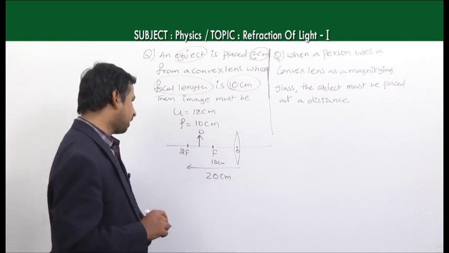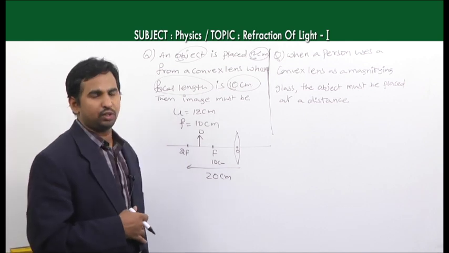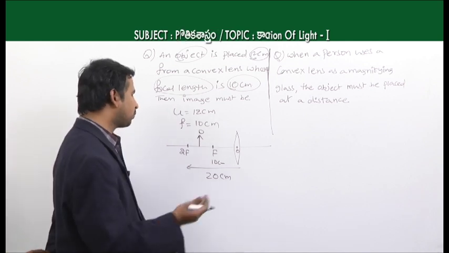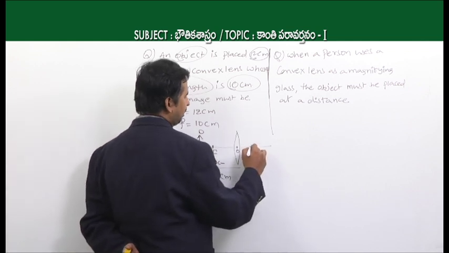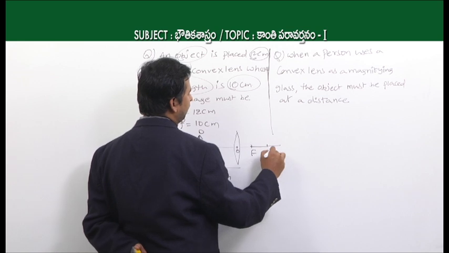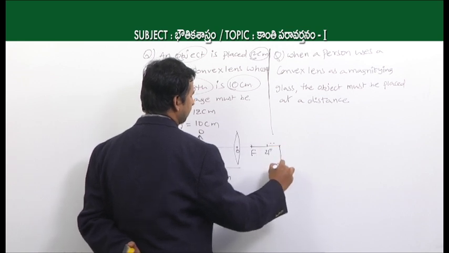As the object is placed in between 2f and f, the image is formed beyond 2f, like this.